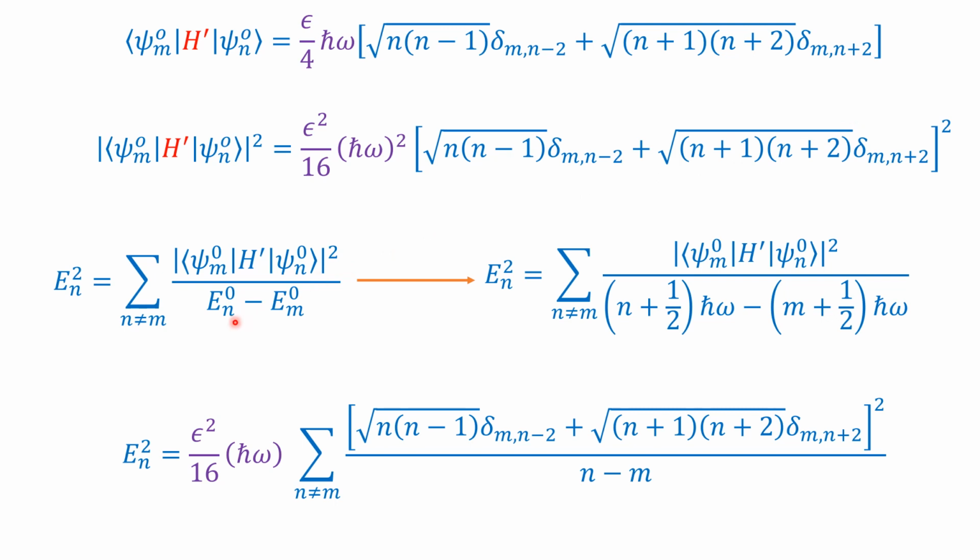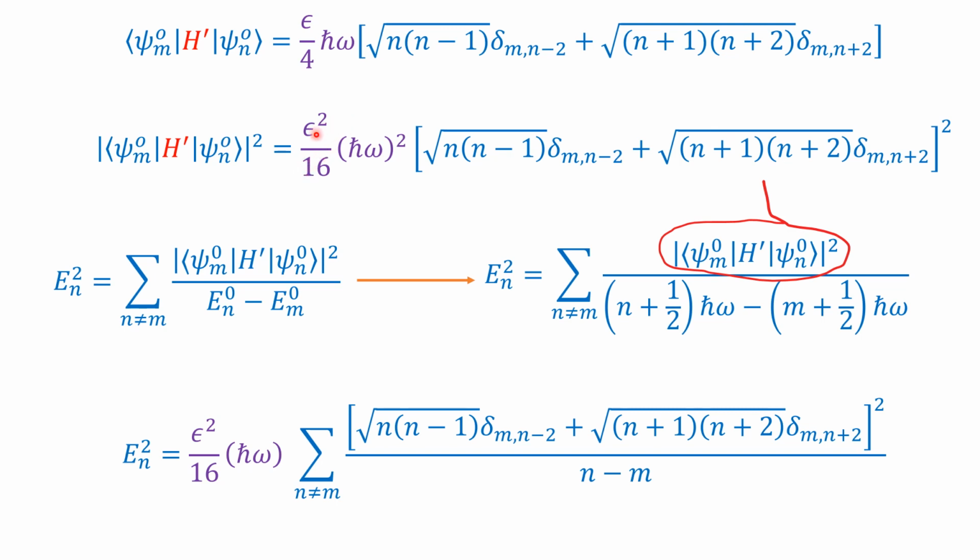And in the denominator, you can see the ground state energies, nth state, n0 and m0. n0 is equal to n plus half h cross omega minus m plus half h cross omega. This is Em. First term is En, second one is Em. Now you can replace the numerator by this value, the square, including this constant.